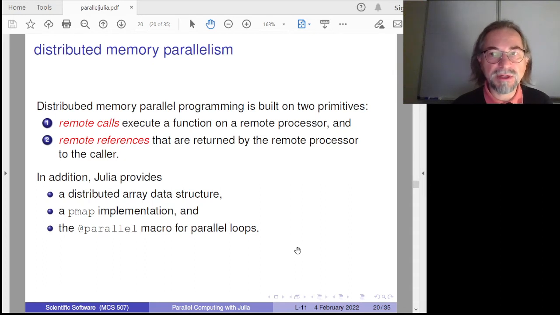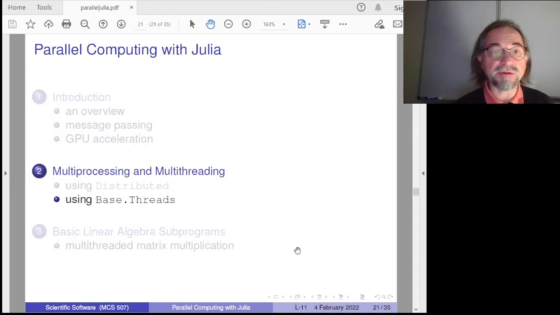PMAP maps functions that can run everywhere and is a very, very powerful mechanism for ideal parallelism. Okay, so that was a very, very brief introduction to distributed computing.